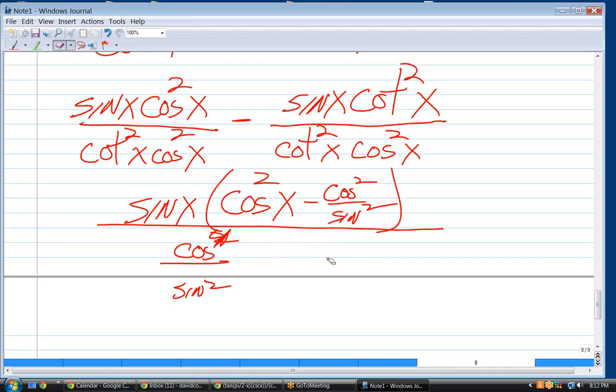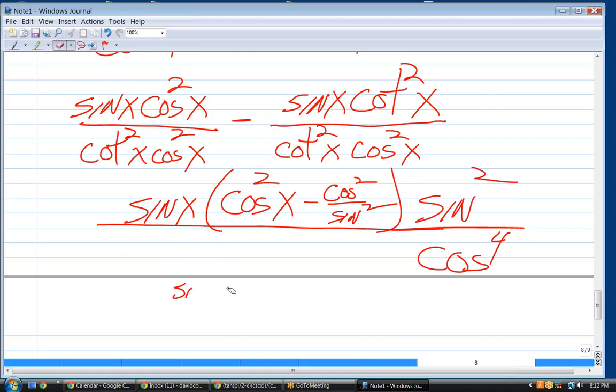Now, because I have a single rational function as a denominator, I can flip it and multiply. So I'm going to multiply this whole numerator by sine squared over cosine to the fourth.